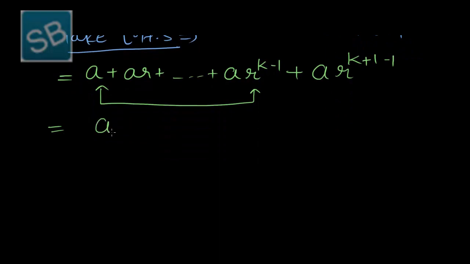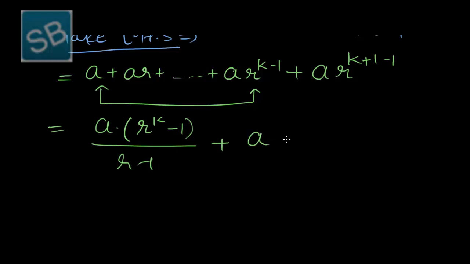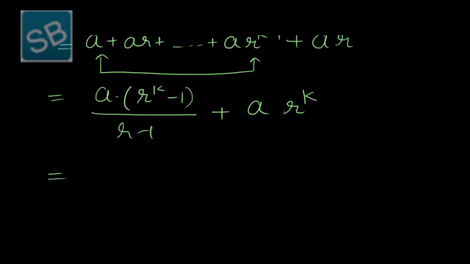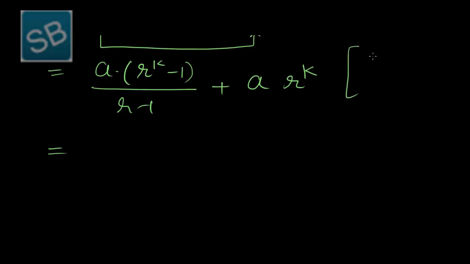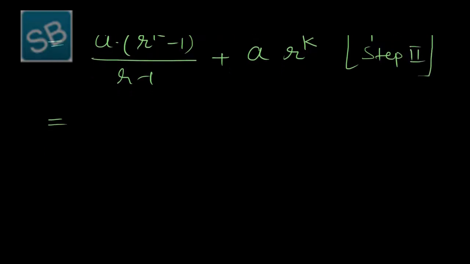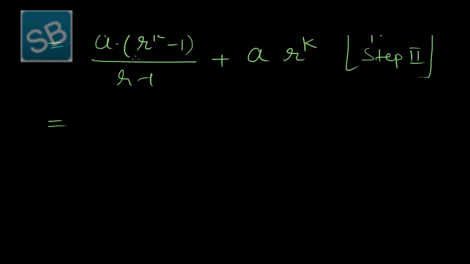From there we get a into r raised to power k minus 1 over r minus 1 plus a into r raised to power k. So we will take LCM and here we will write from step 2. It is necessary to write here the reason from where we get this result.